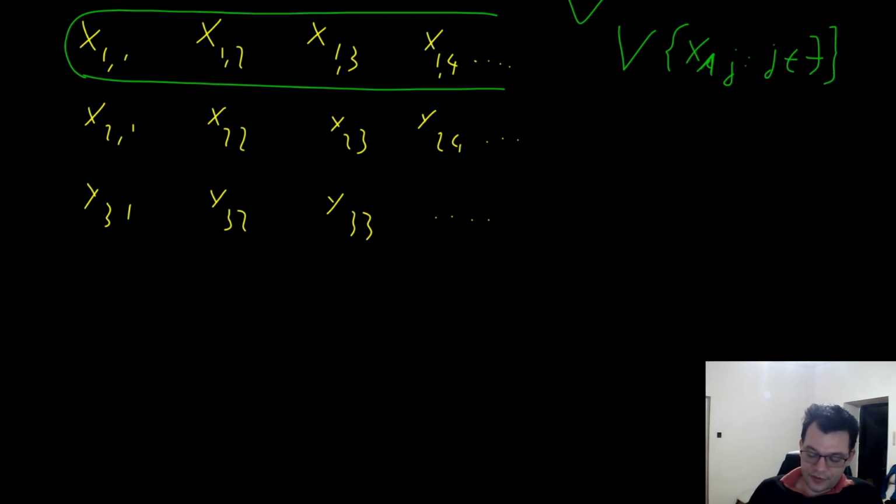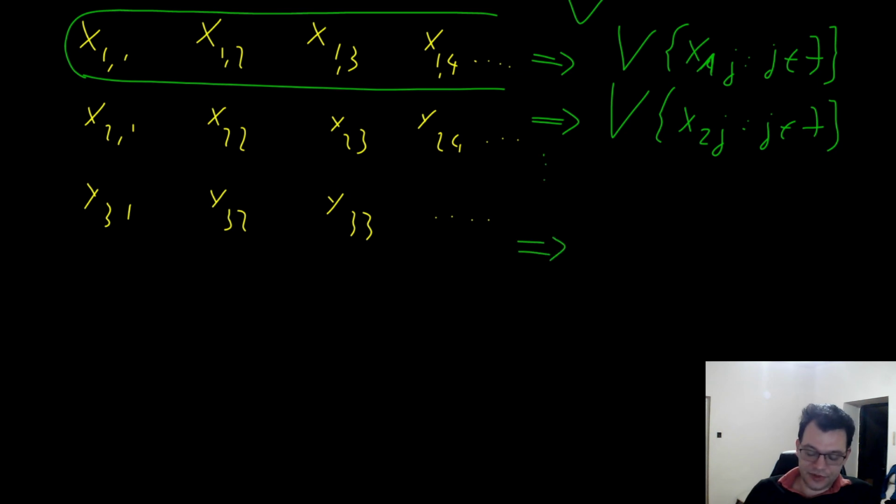And then for the second, I'm just taking the supremum of the second row, which will be the supremum over j of the x2j's, and so on. And I'm doing this for each row. Now there can be an infinite number of rows.